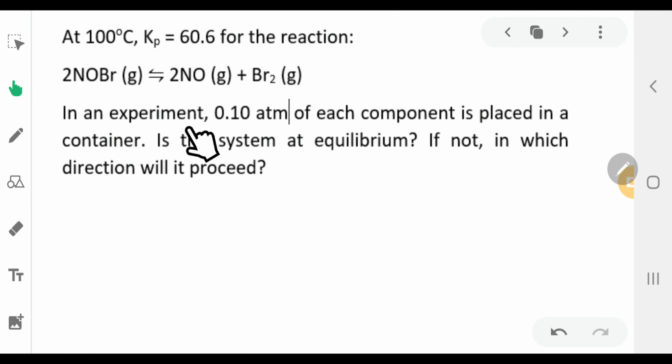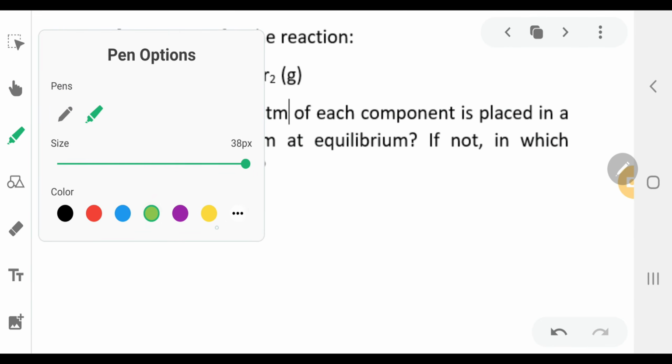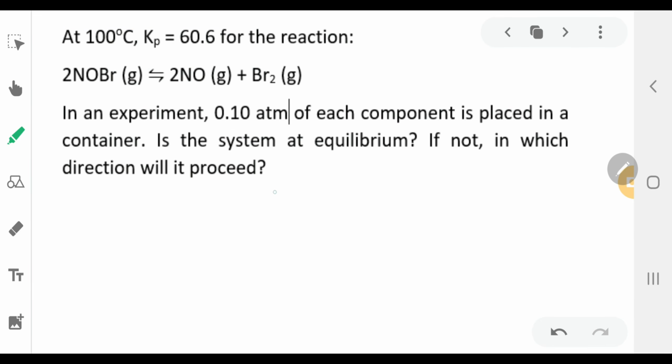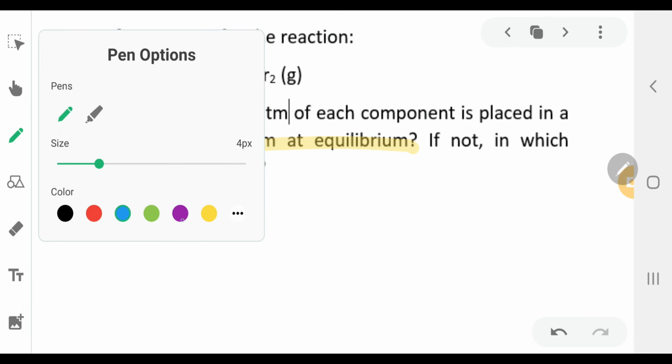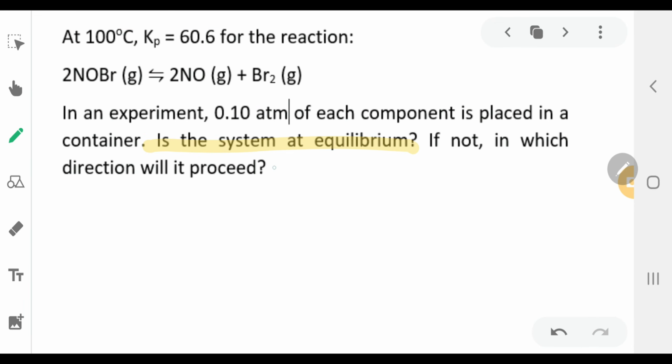So in the experiment, each of the component, which is NOBr, NO, and Br2 gas, is at 0.10 atmospheric pressure. Is the system at equilibrium? So when you look at the key word of what the question wants you to find out, whether the system is at equilibrium.